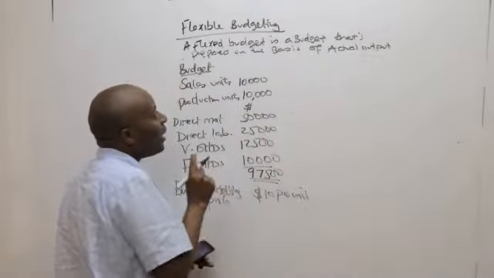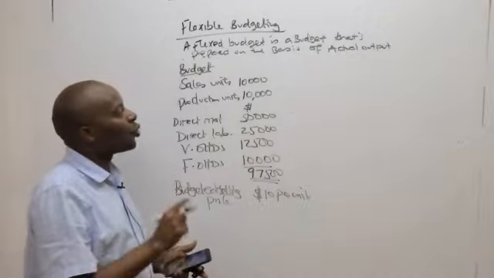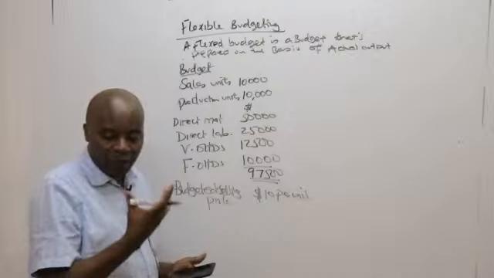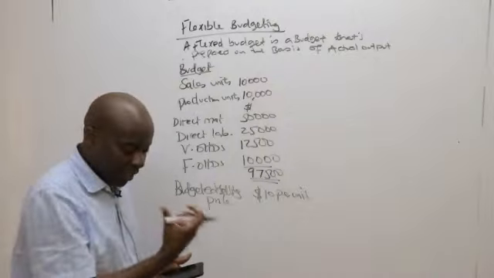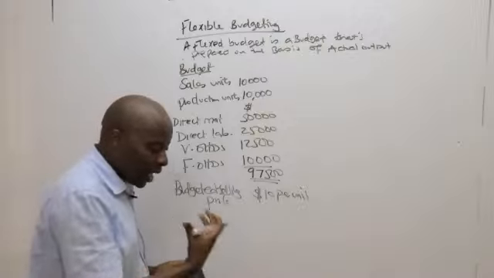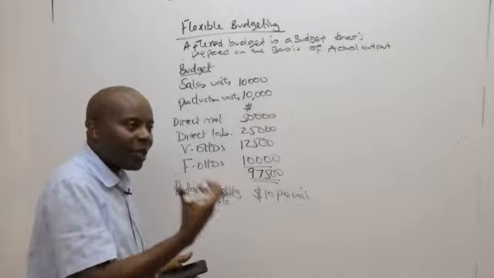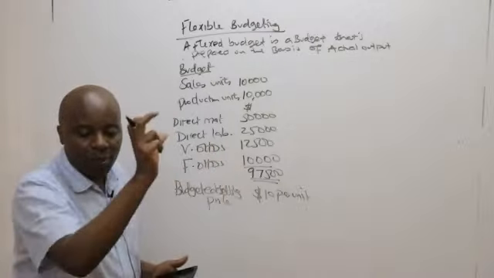So any budget which is prepared on the basis of the actual output is called a flexible or a flexed budget. To flex is to change. We are changing our original budget to mirror the actual production.